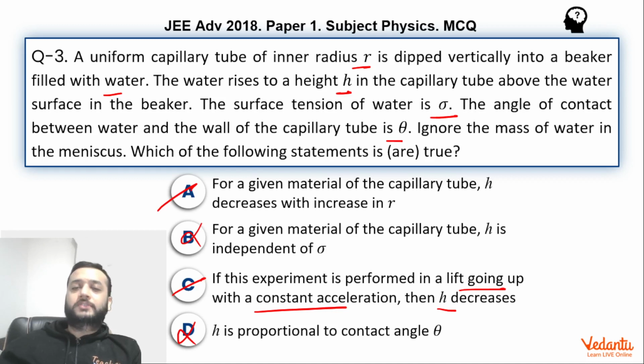That is what a few students thought, and hence they were in a dilemma and they did not mark option C and ended up getting partial marks. So I believe that the exam authorities should have been more careful with their statement framing. Of course, they wanted to say that it is going with a constant acceleration that is directed upwards.